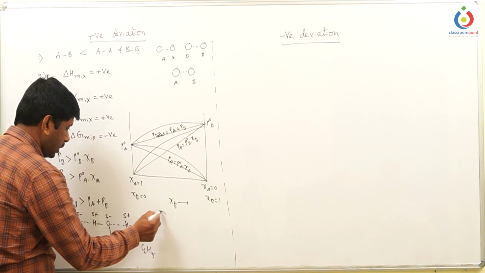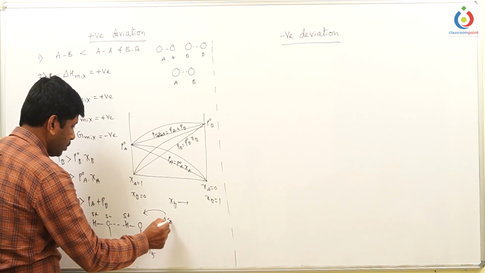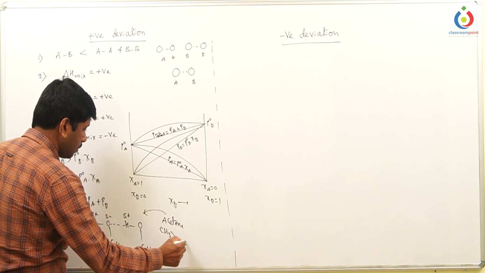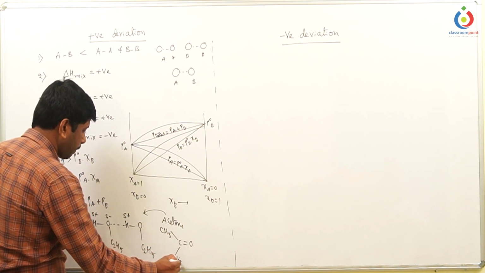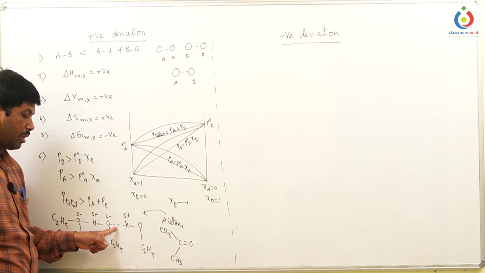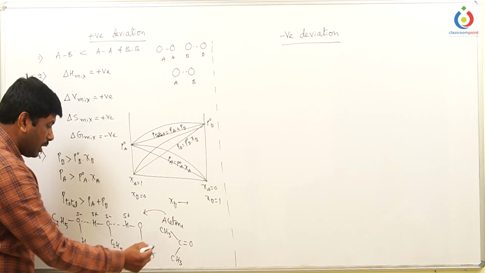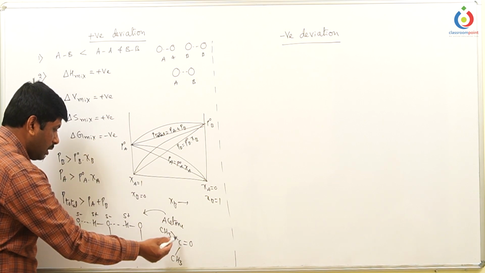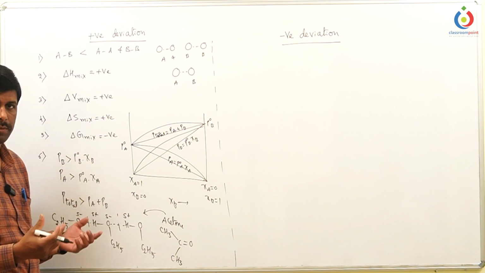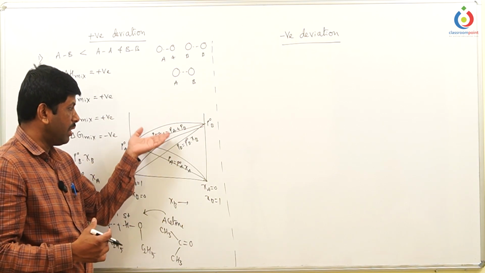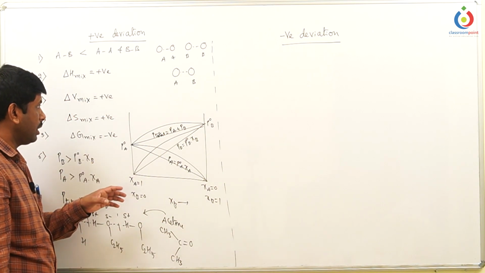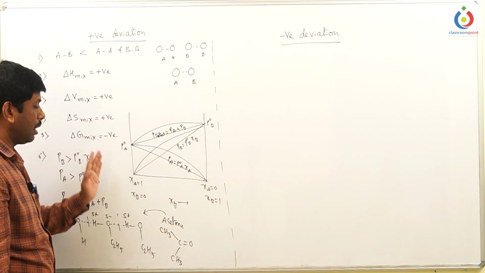To this solution, if I add acetone molecule, the acetone molecule cannot form this much strong hydrogen bond, so whenever acetone molecule is added, it will break these attraction forces and make the molecules free, so that they can easily vaporize and form more vapor pressure. Hence, they are showing the positive deviation from Raoult's law.